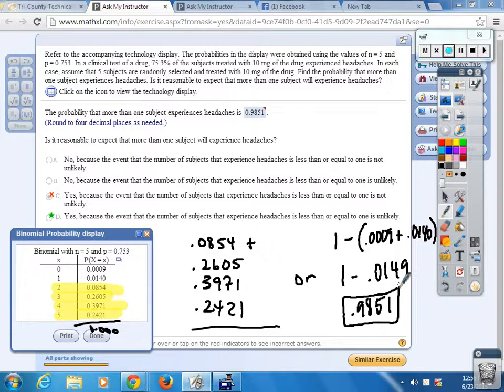Somebody check me. That's the answer. Yeah. Right here. Well, golly, I added up all those in my head without a calculator. No, I didn't. I took 1 and I subtracted this.